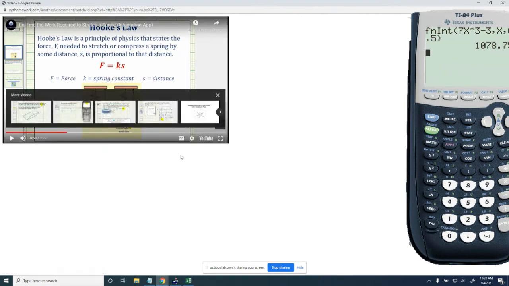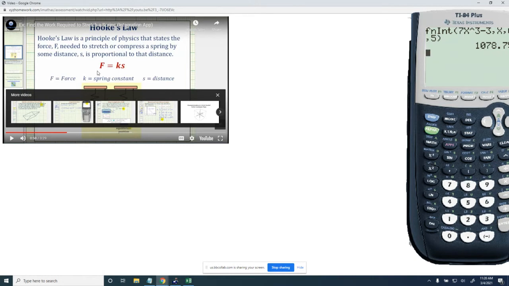So in Hooke's law, we have that F, which is the force, and we were given the force in our problem, that's equal to K. K is the spring constant, which is the unknown, which is what we must find, times S, which is our distance.